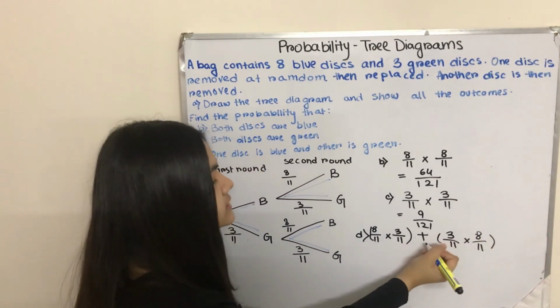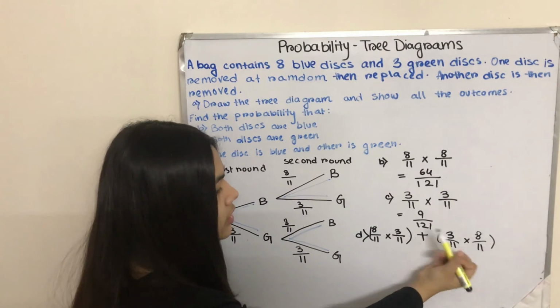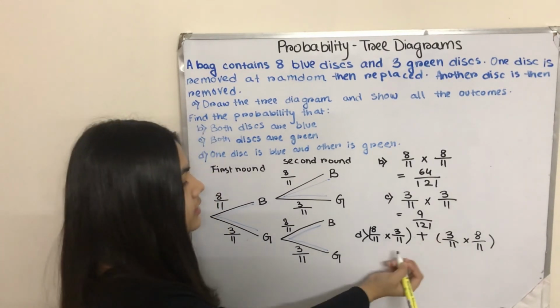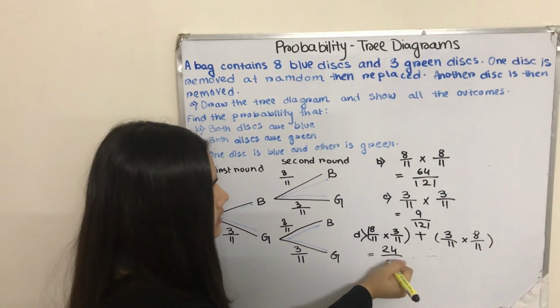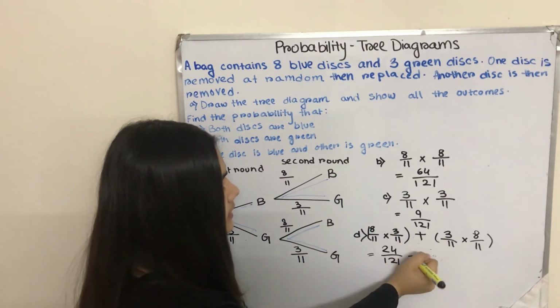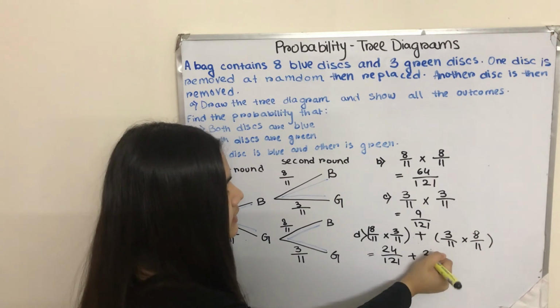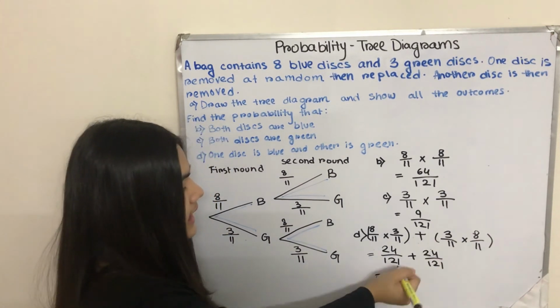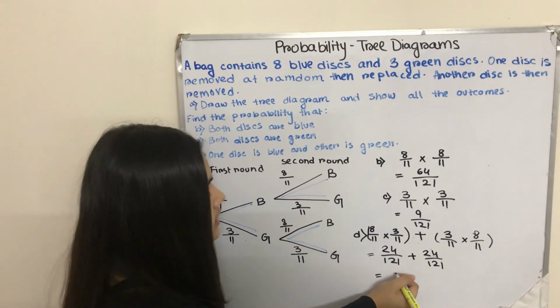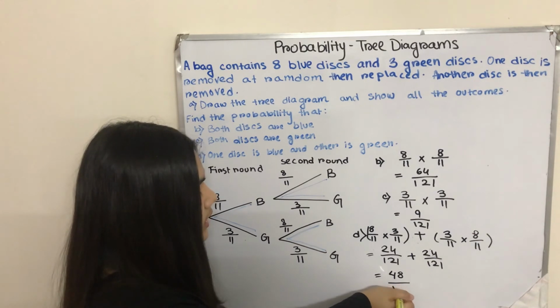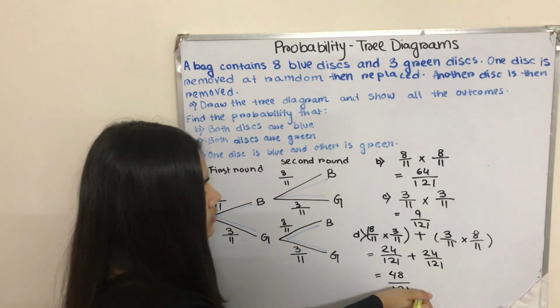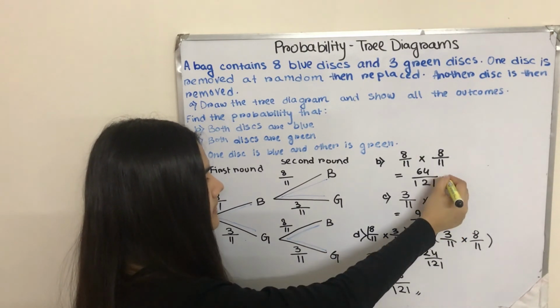When we have options, we add the 2 options together. So 8 by 11 multiplied with 3 by 11 is 24 by 121, plus 3 by 11 multiplied with 8 by 11, which is 24 by 121 again. If we add these 2 fractions together, we get 48 by 121, which is our answer.